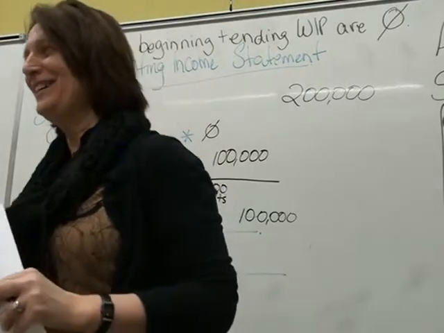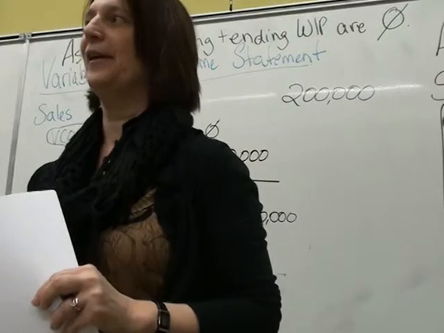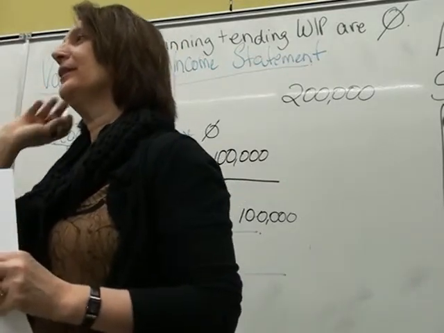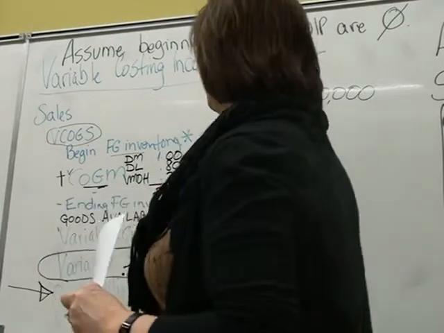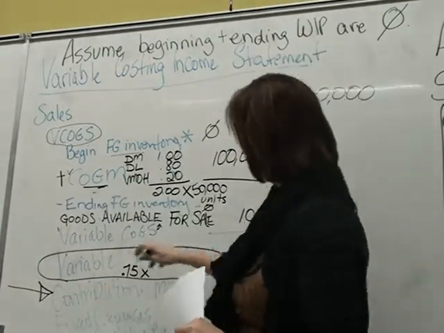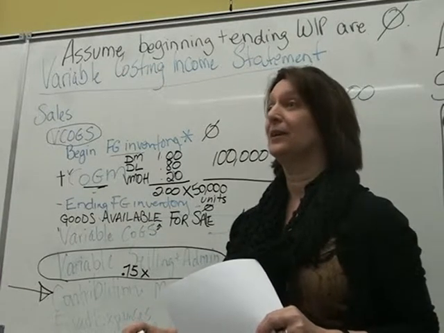Everybody thinks it's 40. I put 50. This is on what you sold. Okay, so why do you think it should be 50? That's the total you produced. I was thinking you pay on the total that you made, but it's a selling and admin cost, so you probably only pay on what you sold.